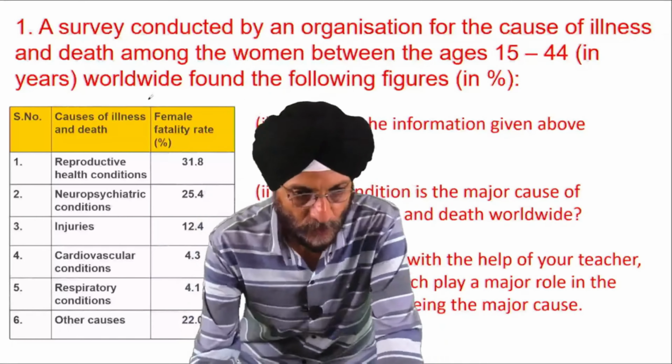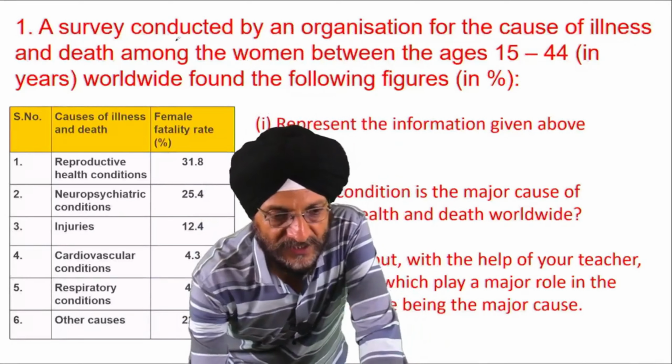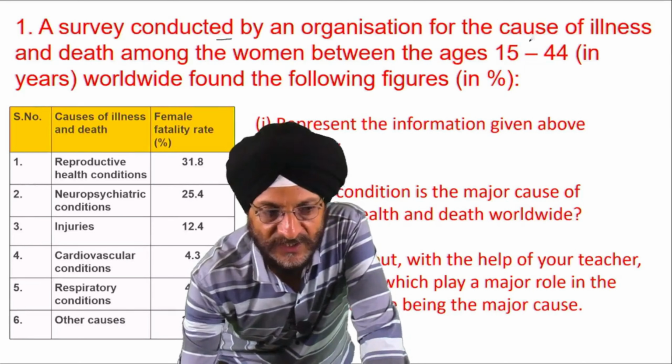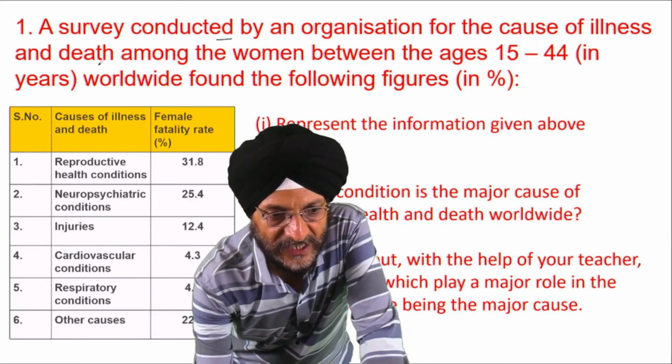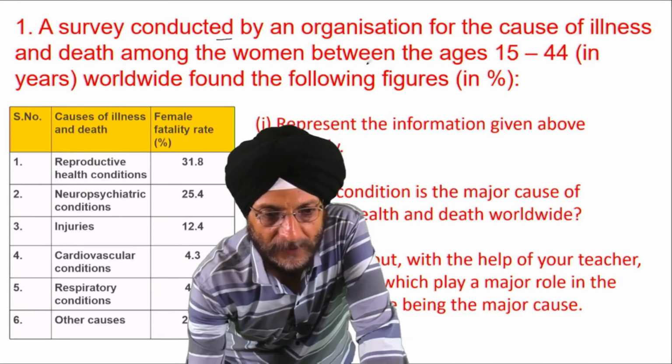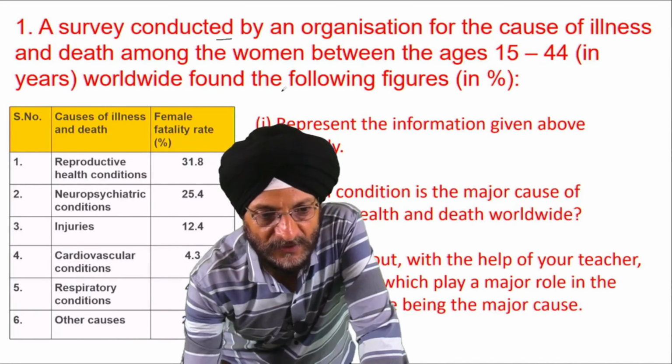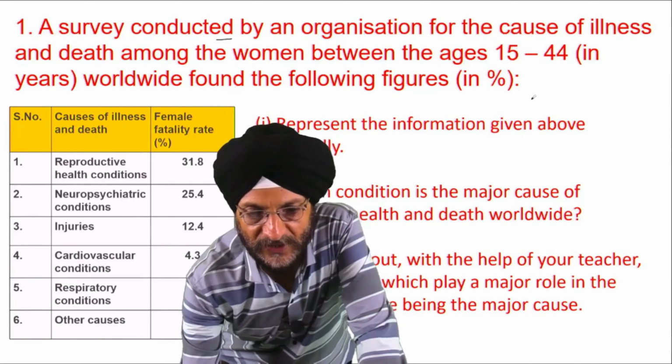Now the question before us is a survey conducted by an organization for the causes of illness and death among the women between the ages 15 to 44 worldwide, which found the following figures.